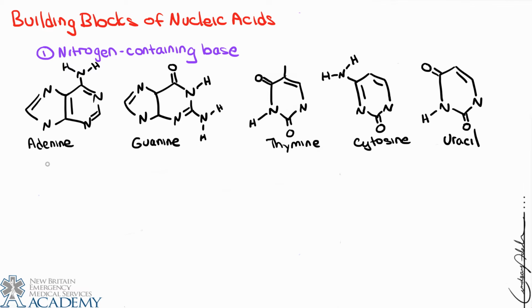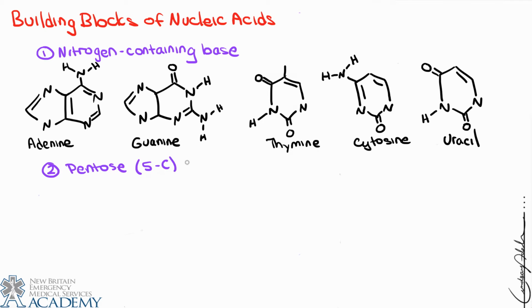Now, it turns out that adenine, guanine, thymine, and cytosine can be found in DNA, and adenine, guanine, cytosine, and uracil can be found in RNA. We also can refer to these different bases just by their letters. So adenine is referred to by A, and guanine by G, thymine by T, cytosine C, and uracil U. So we can just abbreviate by using the letter.